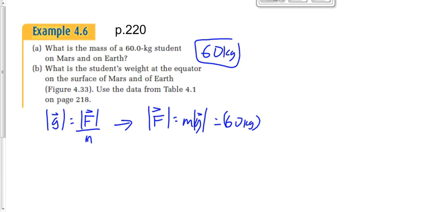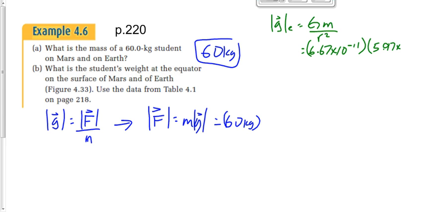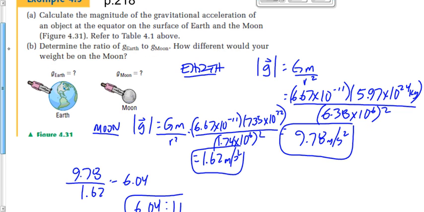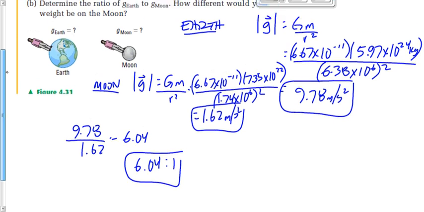Let's find the field strength on Earth using the producer equation. I think we found that earlier in another question, didn't we? Field strength caused by the Earth at the equator was 9.78.